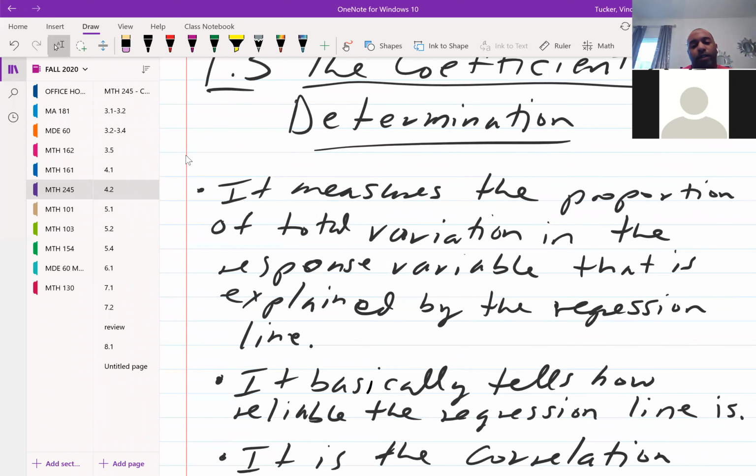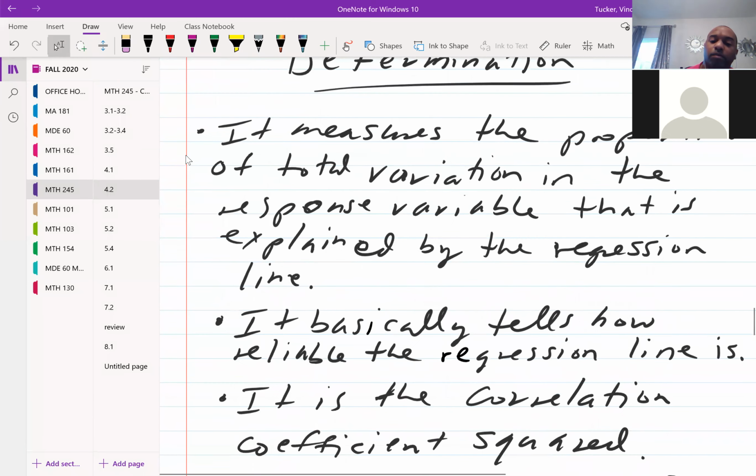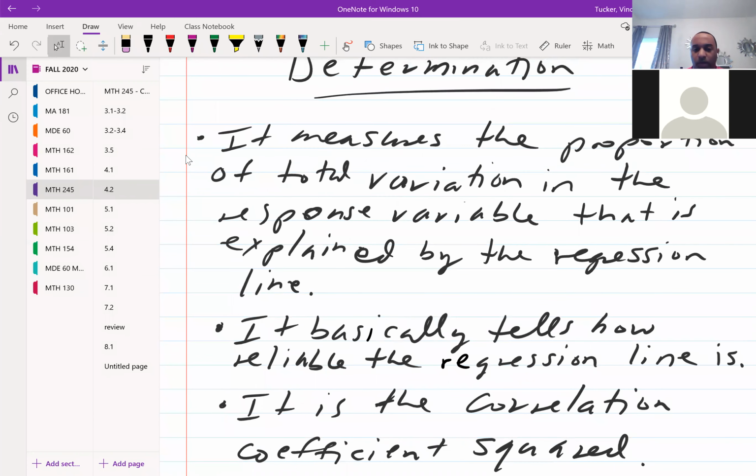It basically tells us how reliable the regression line is. It's also the correlation coefficient squared.